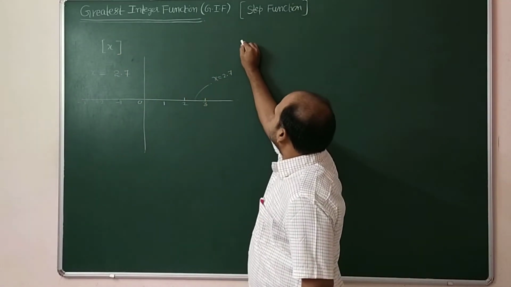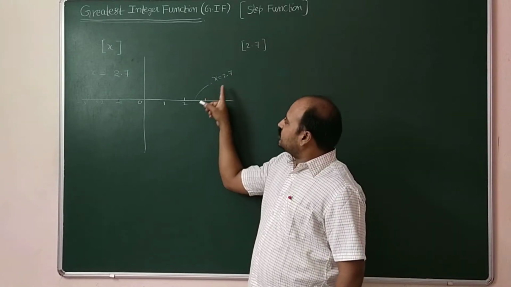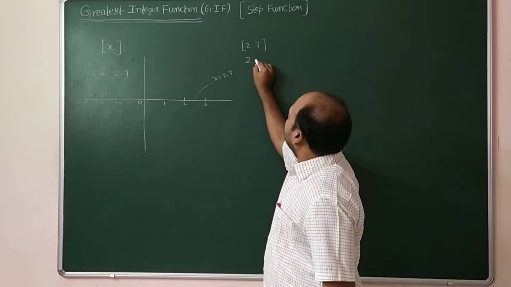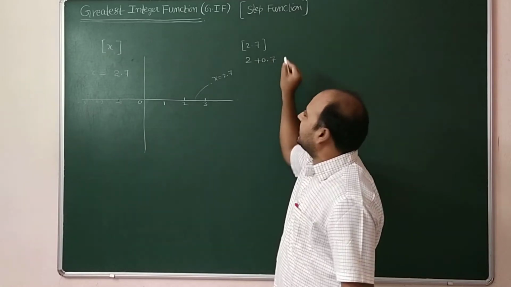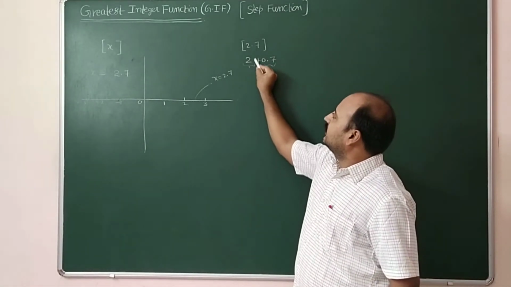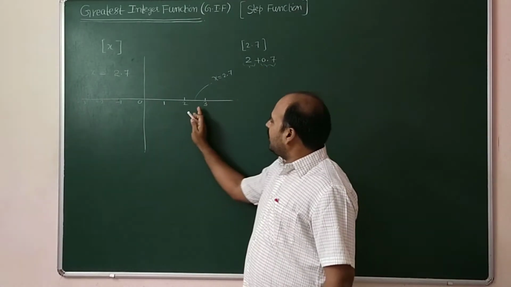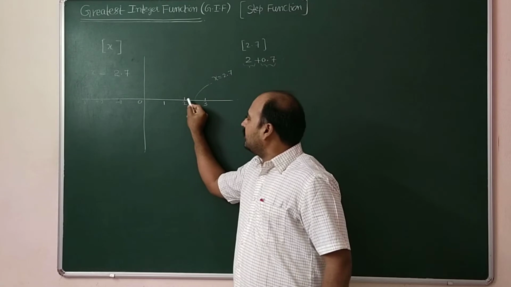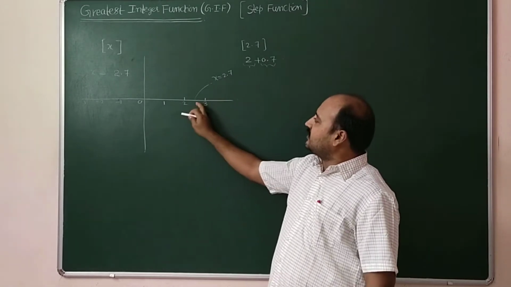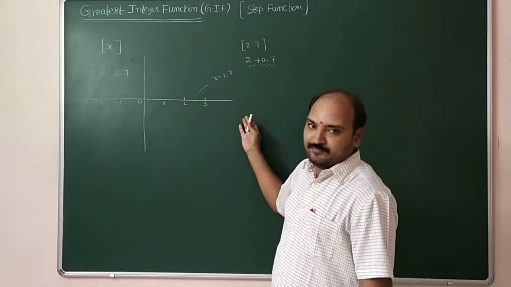Whenever we take the step of 2.7, in this 2.7, 2 plus 0.7, this is the decimal part and this is the integer part. So 2.1, 2.2, 2.3, like this up to 2.9, it will come.